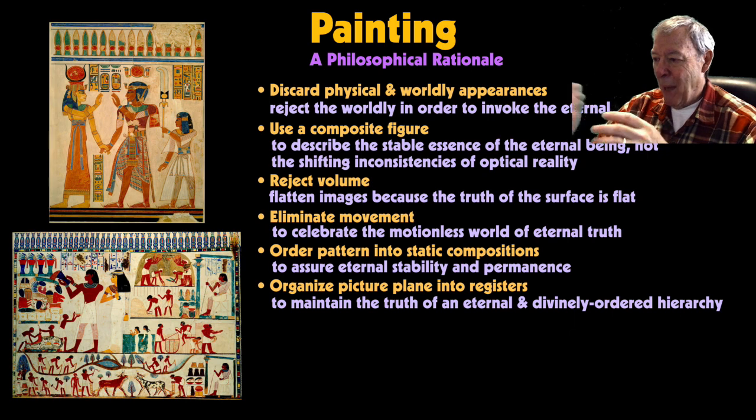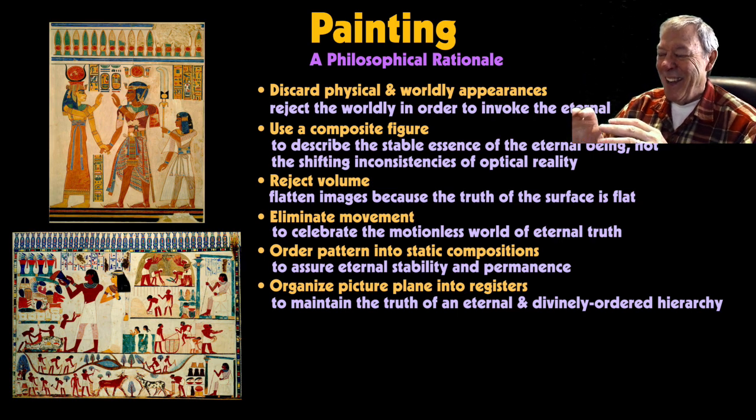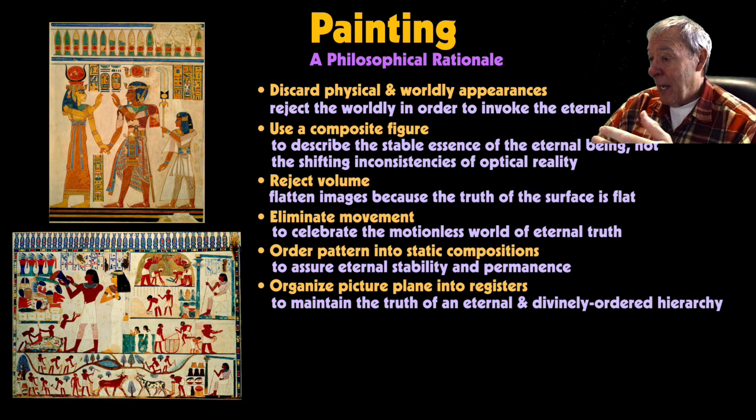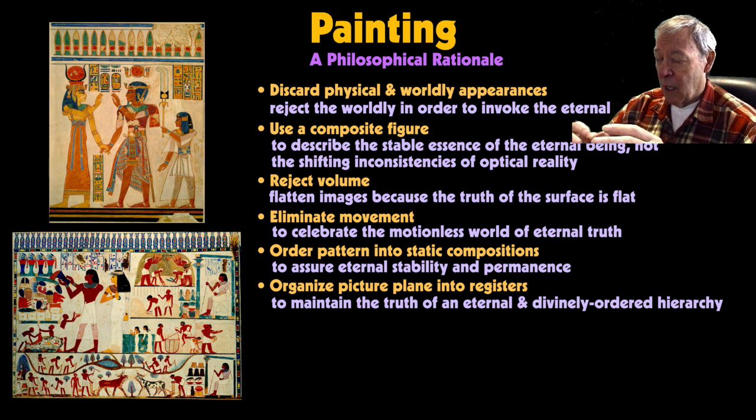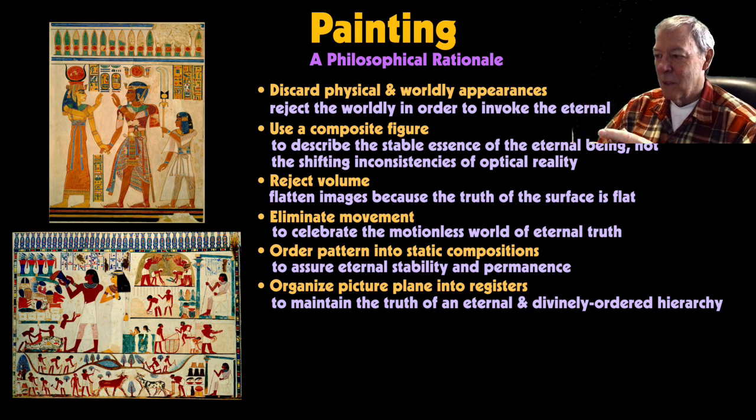Now, if you abandon that in favor of a linear perspective illusion of depth, then size is based on distance, not importance. Okay? And so in a painting such as the one that we're looking at here, the noble and his wife might be relegated to relatively mid-sized figures, whereas the servants working, plowing the fields in the foreground would be larger than they are. And so that goes contrary to divinely ordered principles.